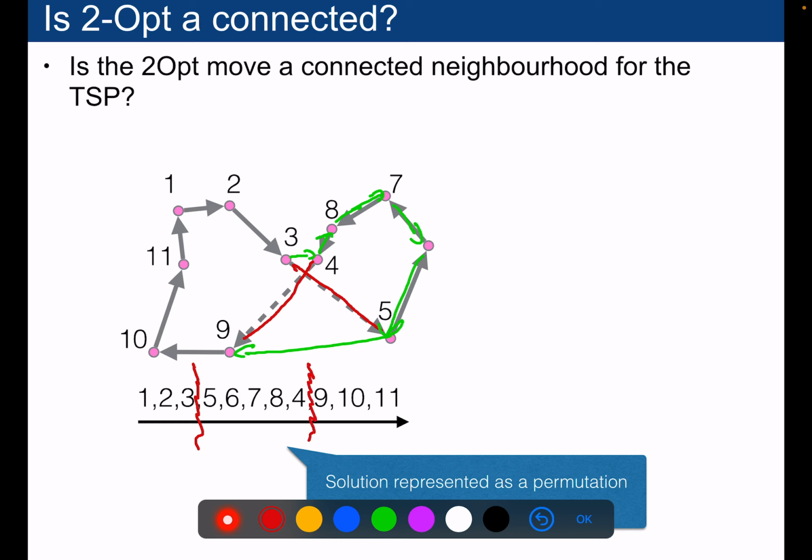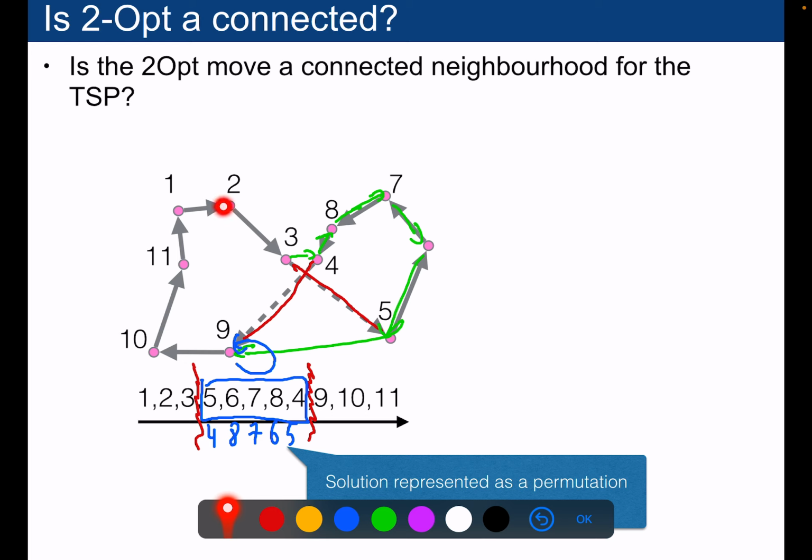So what you do when you reconnect this is that you will take this subarray like this and you will flip it, right? You will flip it completely. So instead you will have 4, 8, 7, 6, and then 5, right? So you can check that.